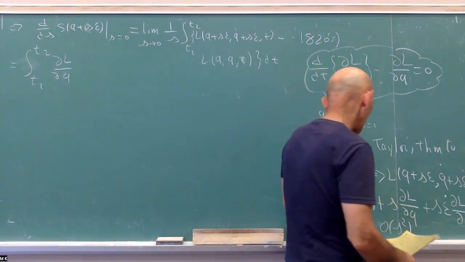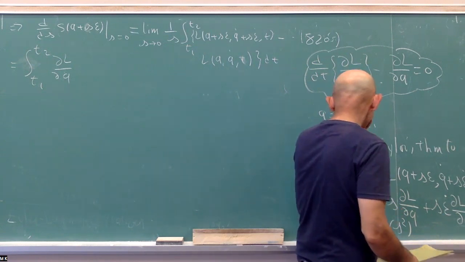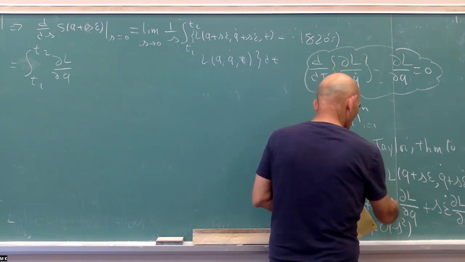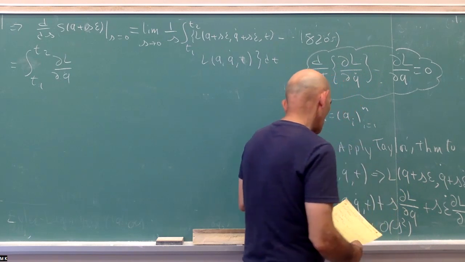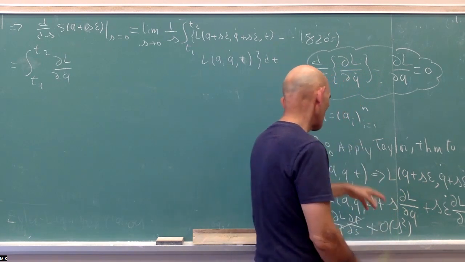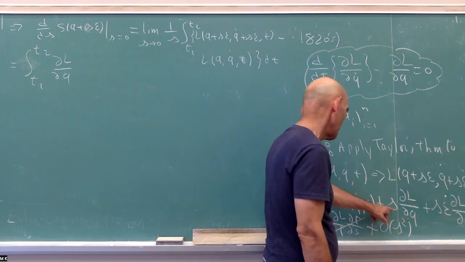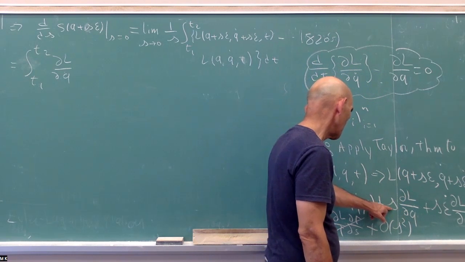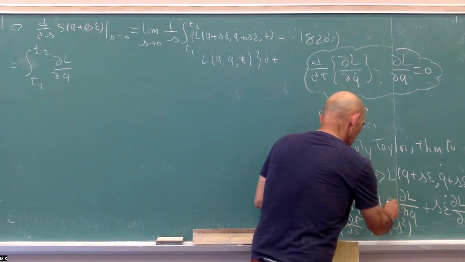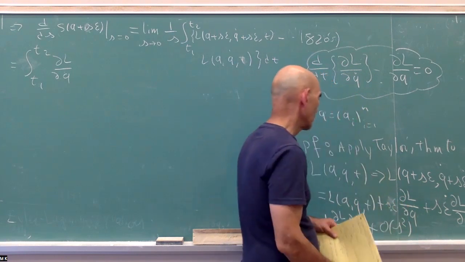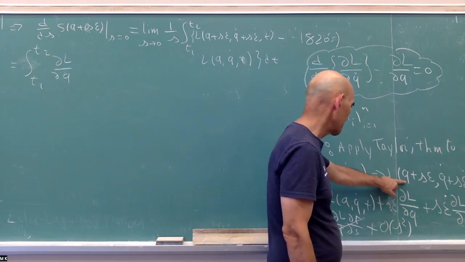I'm afraid I forgot to put epsilon here. So there should be dL/dq, and then the limit of this with respect to s.